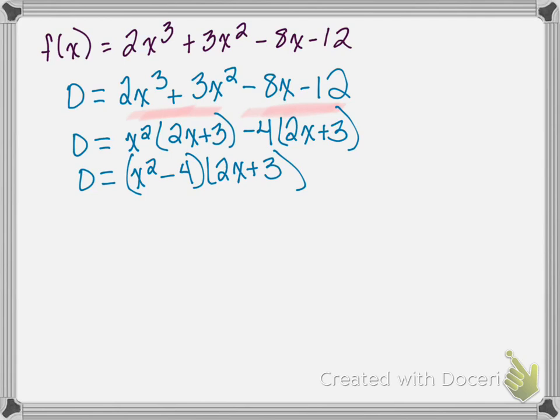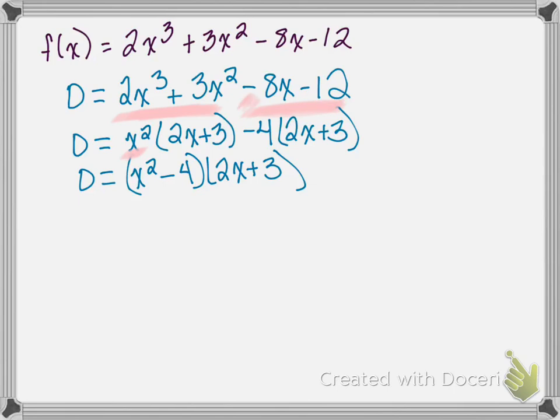If you don't know how, there are resources online to make sure that you're sharp with that. Here, I looked at these first two terms, 2x to the third plus 3x squared, and I saw that I could take an x squared out of both of them. Then I looked at my second set of terms.